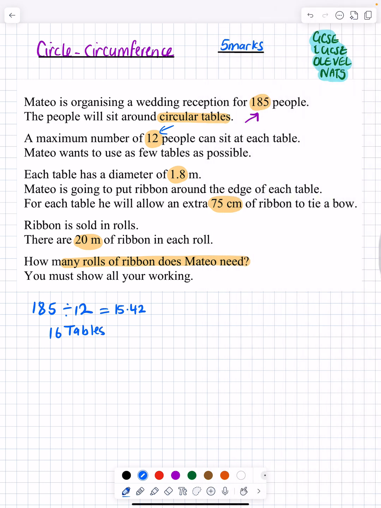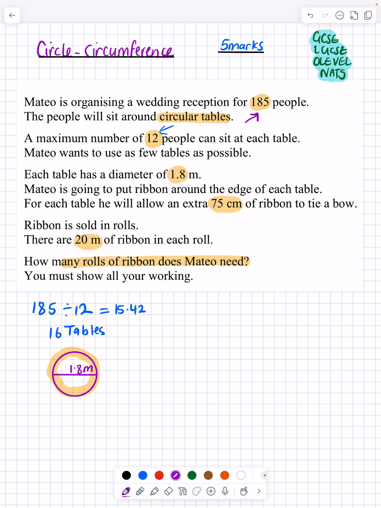Now it says each table has a diameter of 1.8 meters. Since it's a circular table and Matthew is going to put a ribbon around it, we need the distance all the way around the table, so we can work out the circumference of the circle.